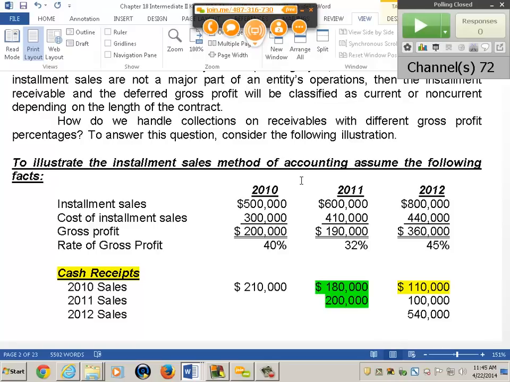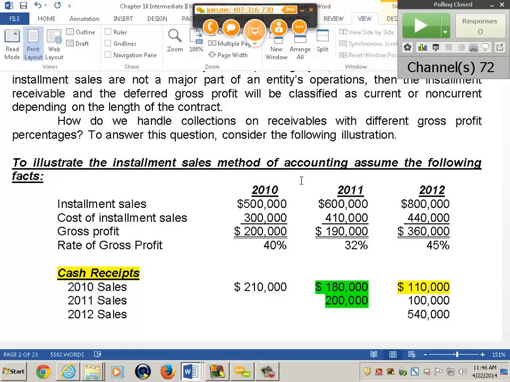How much would you have recognized had this been the installment method? 40%, $84,000. So under cost recovery, nothing's recognized.